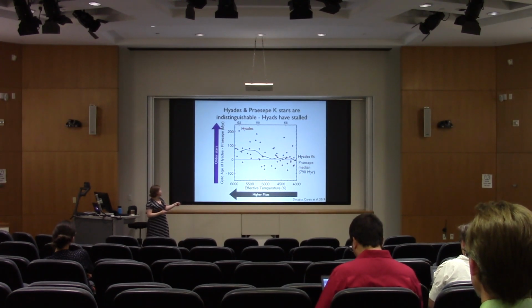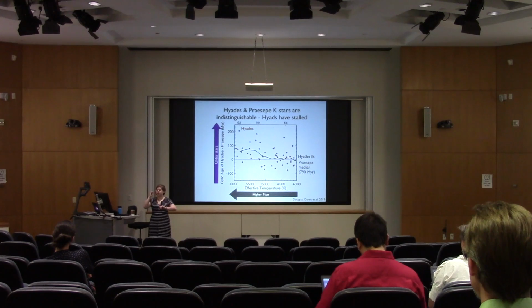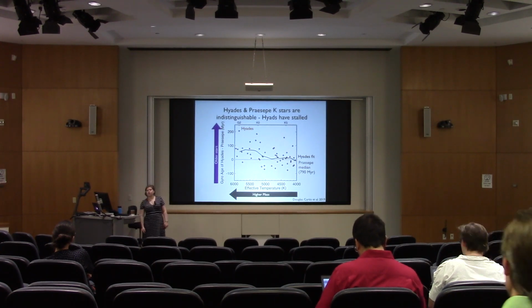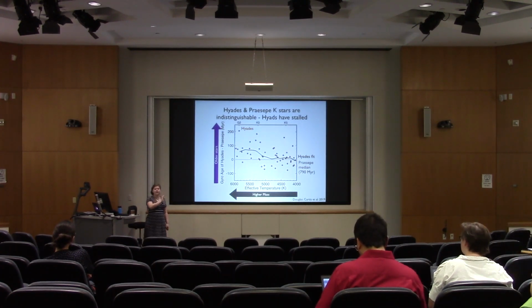For the solar type stars we were looking at before, we do see this definite rotational age difference between the two clusters. But it disappears when you get down into the K-dwarfs. So even though we can definitely see rotational evolution happening over less than 60 million years for solar type stars, nothing is changing for the K-dwarfs. Somehow their rotation has stalled.